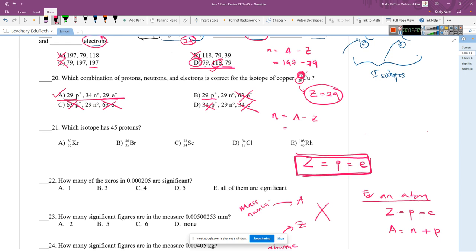The superscript number minus the subscript number, right? So here 63 minus 29. What is the answer? Is it 46?